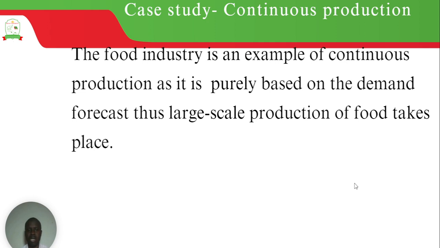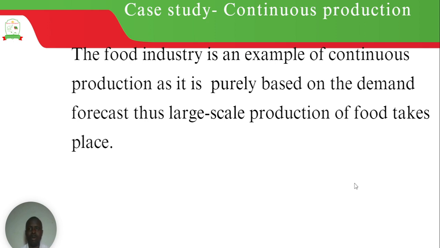So production here is not intermittent, like we have just said. It is continuous. Mostly in the food industry, if you go to a hotel, for example, they will not just sit. Most hotels wake up very early, prepare their foods, and then wait for customers to come and buy that food. So that is an example of continuous production.